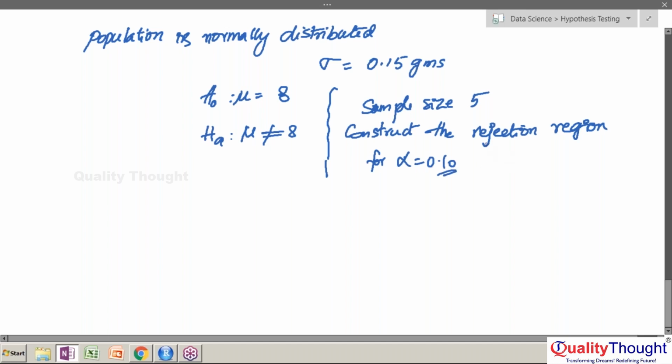Consider the rejection region and explain the decision. This is what they are asking.